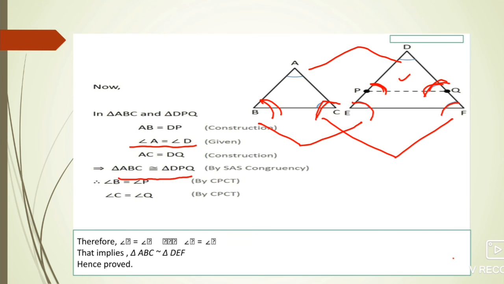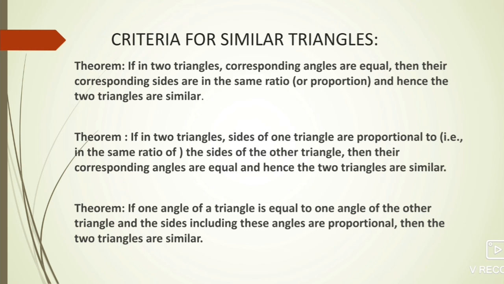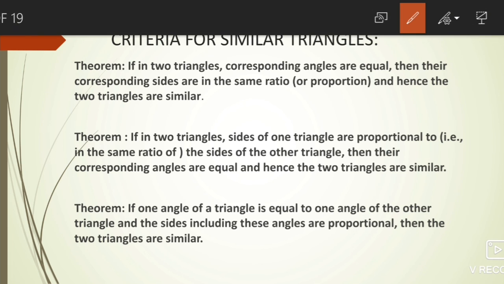Now, the criteria for similar triangles. These are the statements of the theorems which I have explained. Now why am I using these theorems? Suppose the first one was: if the corresponding angles are equal, then the triangles are similar. Generally you know that for triangles you have to check two conditions.